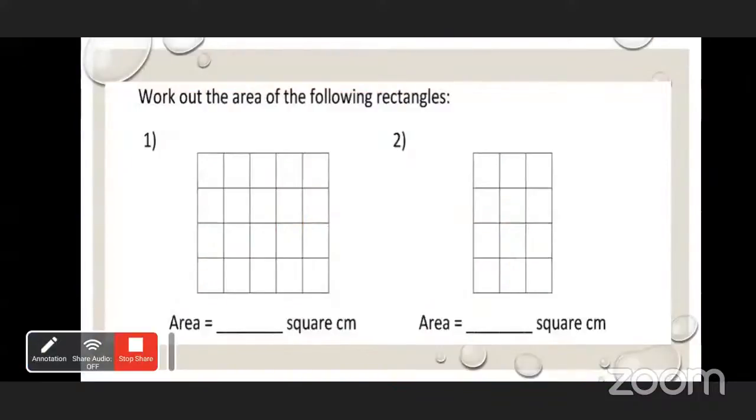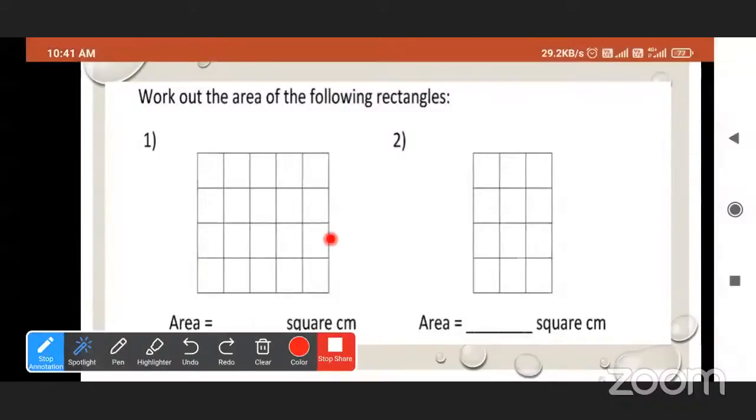Now, some problems for you. Find the area of the following rectangles or figures. Can you find out? What do we have to do to find out the area? Easily, we have to count the squares inside the figure.